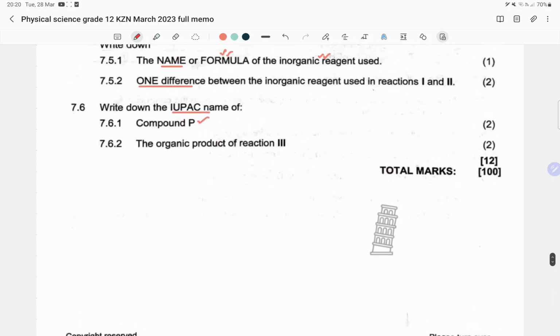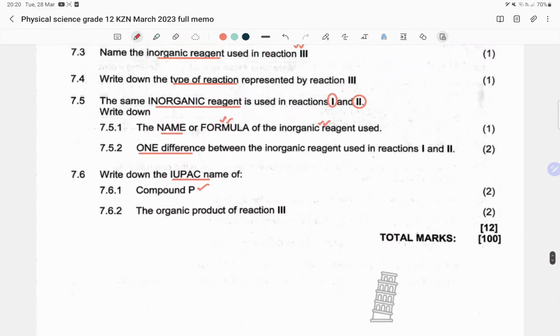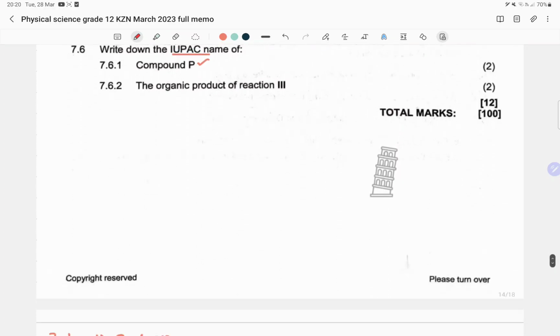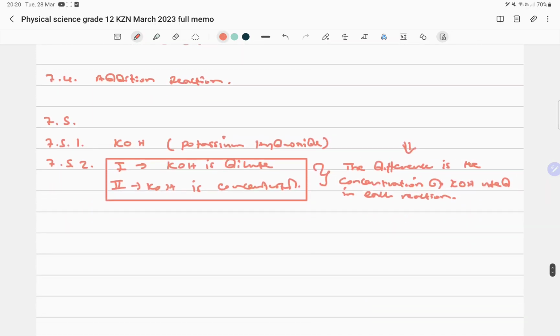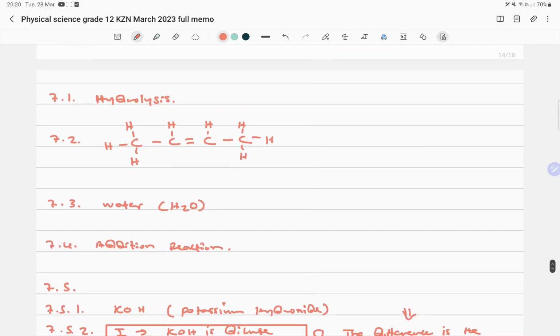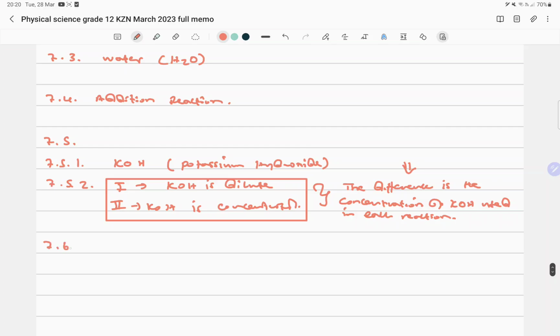We were answering what question, by the way? 7.6.1. So this is 2-bromobutane.